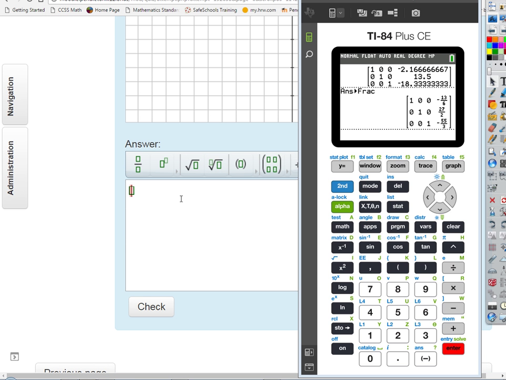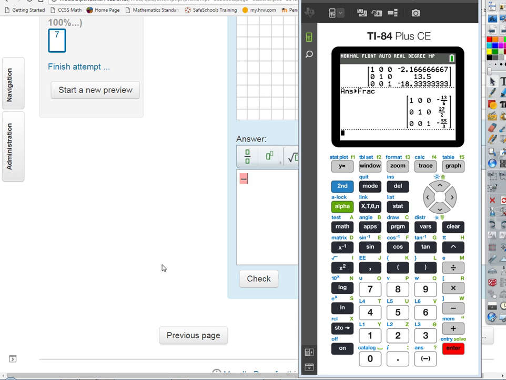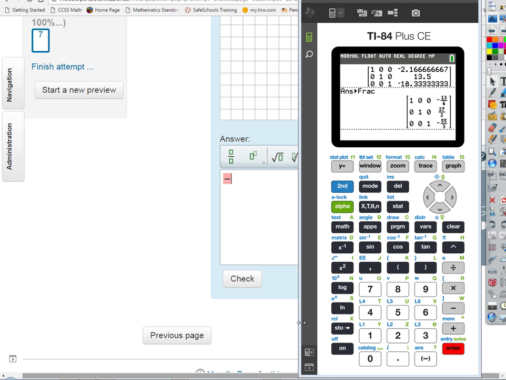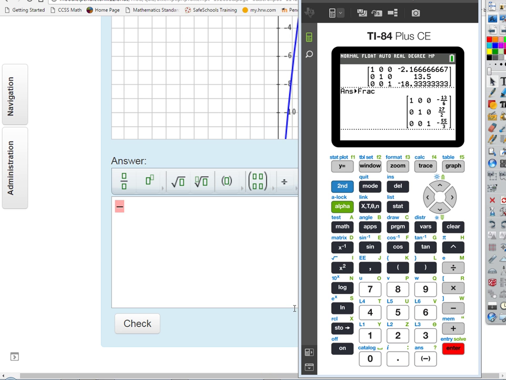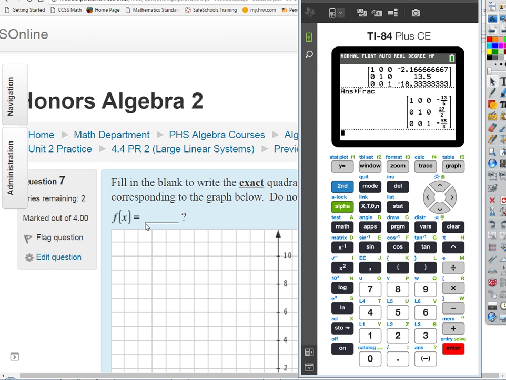And so if I want to write the function then, the function is just going to look like f of x equals negative 13/6. Because remember, what I'm doing here is I'm answering the question, what is f of x equal?